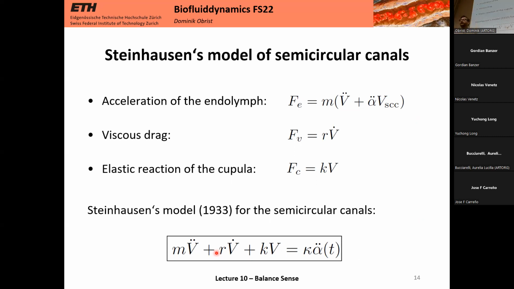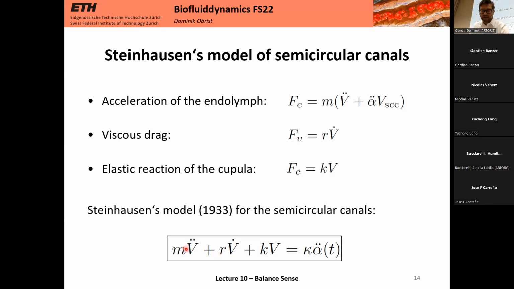And what was the idea of Steinhausen? Well, Steinhausen essentially postulated the formula that we have here at the bottom. Steinhausen postulated that the semicircular canal can be modeled as an oscillator, which can be described by a second order differential equation.